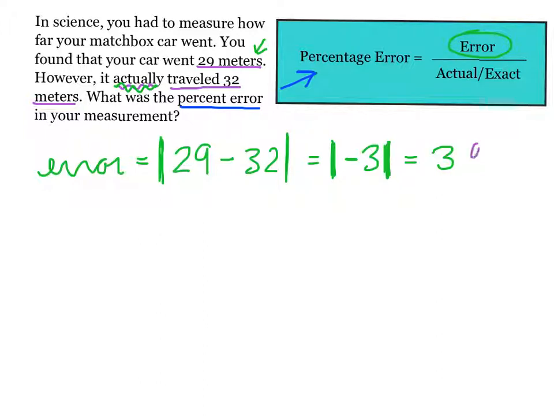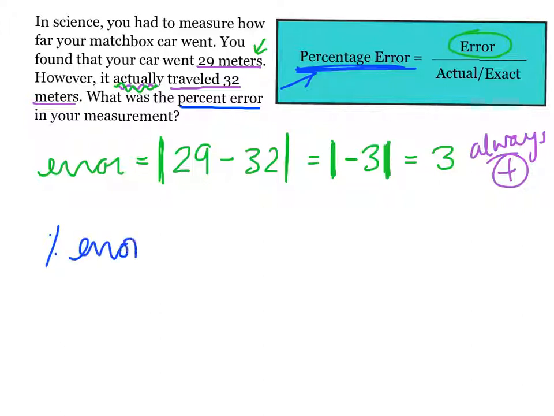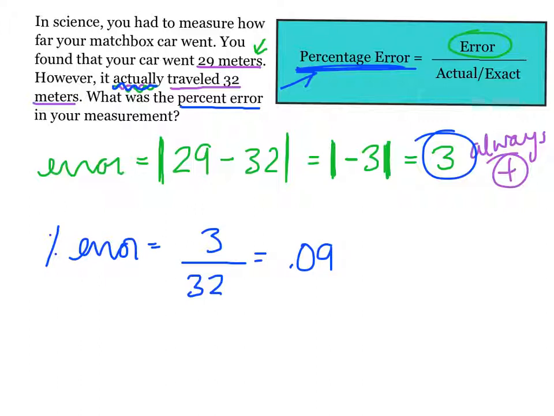Because remember, it's always positive. Now we're going to put it in our percent error equation. So percent error equals the error number that we found, or 3, divided by the actual of 32. When we divide, we end up with 0.0938. However, remember, I said this is a decimal.